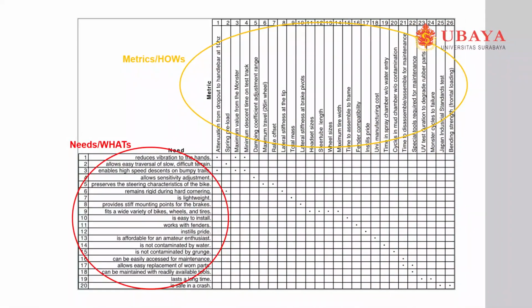Okay, so back to the connections between metrics and needs. Again, guys, I'll remind you that customer needs are called whats, and metrics or specs we call hows. So whats connects to hows. Don't be confused because they are very different. Needs is talking about what the customer wants, what the customer needs, what the customer expects.